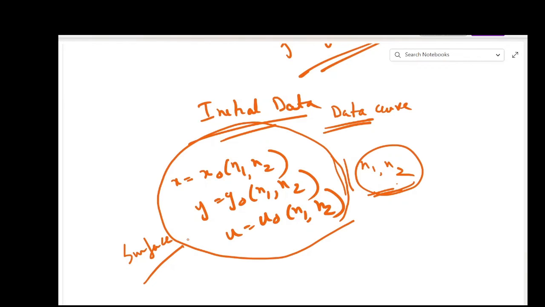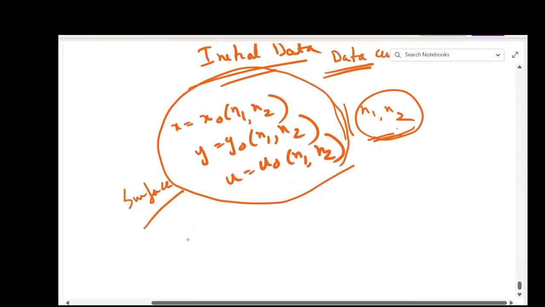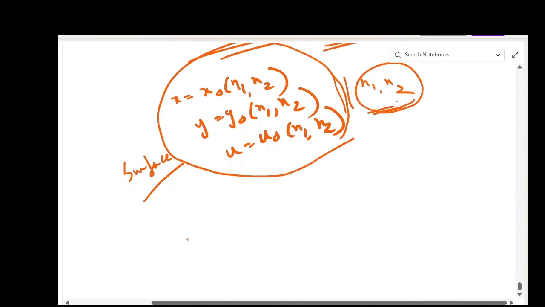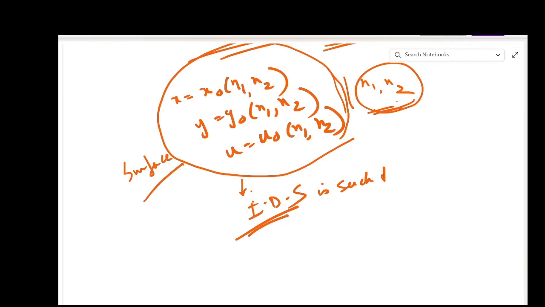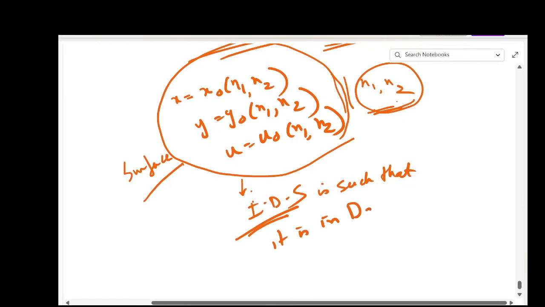Now, as we did earlier, let me mention another thing, though we won't go into the justification of it. This initial data surface, capital gamma, is such that it is in D2. Remember D2, where those A, B, C were functions defined in D2, as we said at the very beginning.